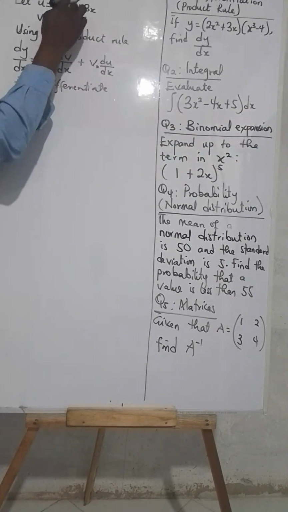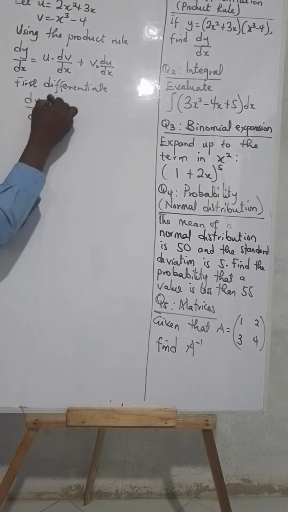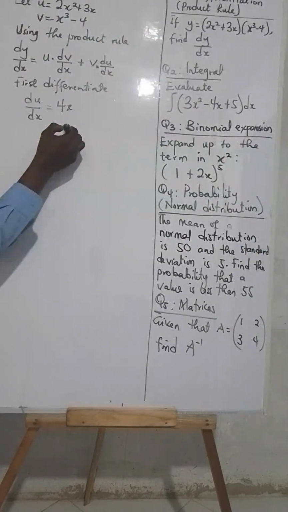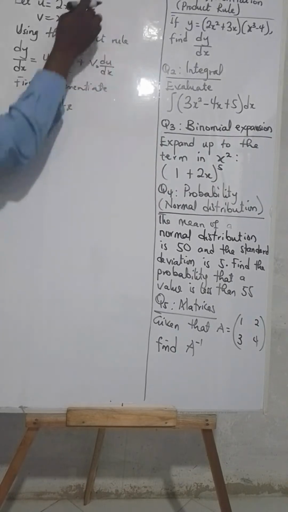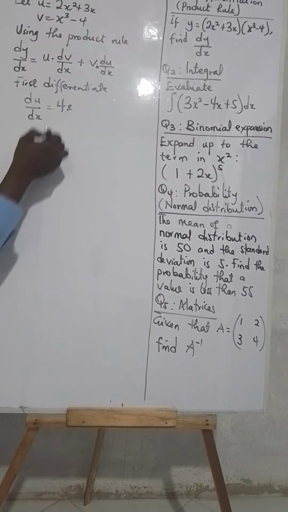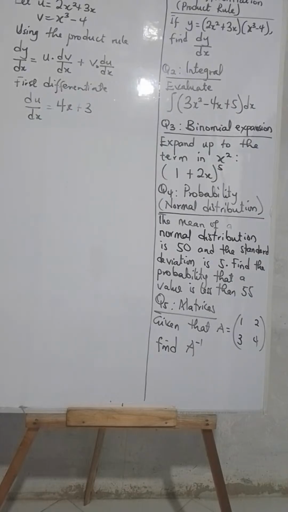We have 2 by 2, that will give us 4, so that will be 4x. Then here, when you differentiate, that will be 3 plus 1 times 3, that's 3 here.